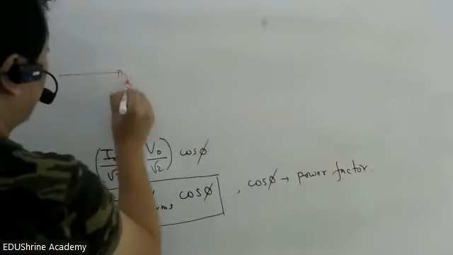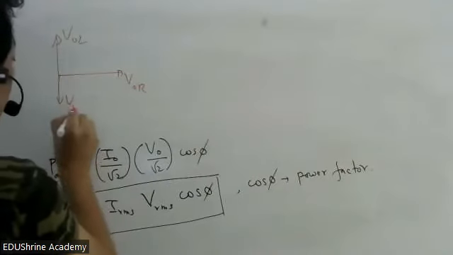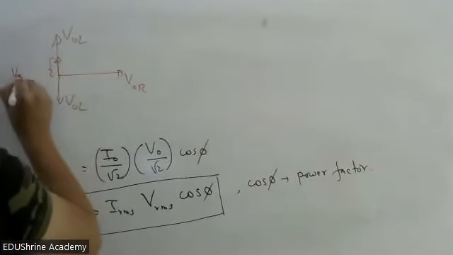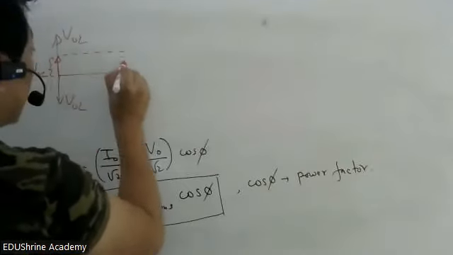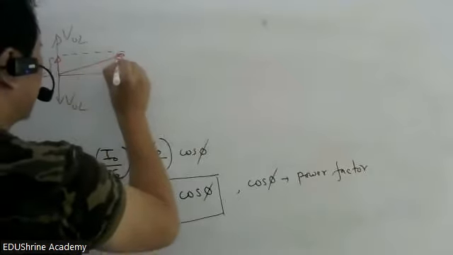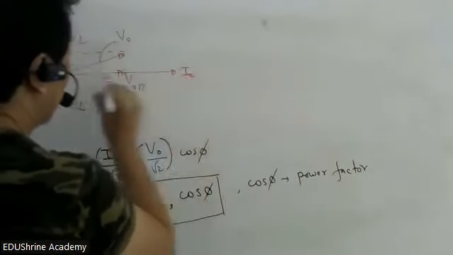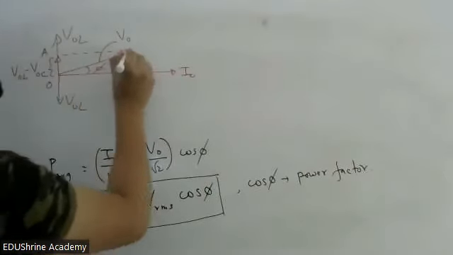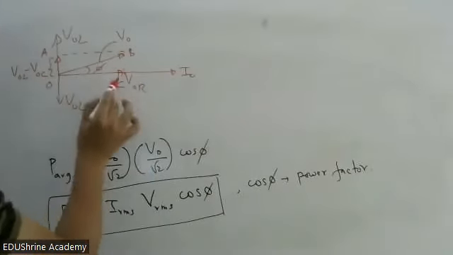This was your V naught R, V naught L, V naught C. These two after adding gave this much, V naught L minus V naught C. Then I used the parallelogram and added. This was your total voltage and the current was here only. And this was your phi. This was O, A, B, C. Check the diagram, was it given O, A, B, C?